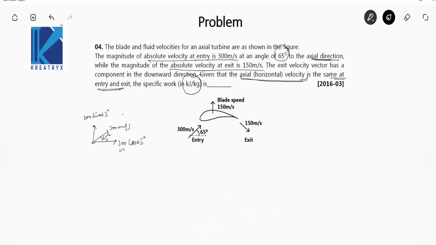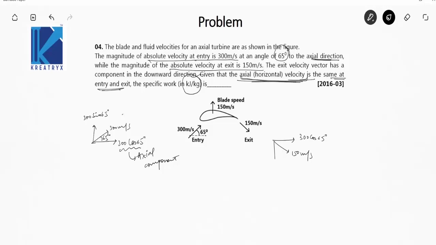Okay, this becomes the axial component. Okay, and at exit this is 150 meter per second. The angle is not given, however I can say that the axial component for the exit velocity will also be 300 cos 65 degree, because it is given that the axial velocity is the same at entry and exit.